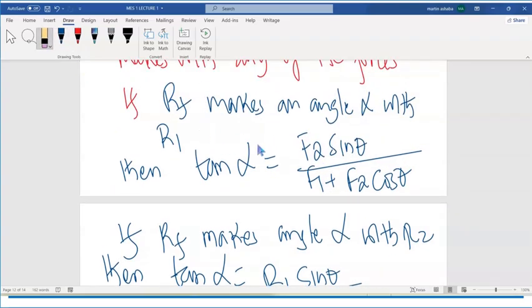If it makes an angle with R1, then we would have R2 here, R2 here, and R1.